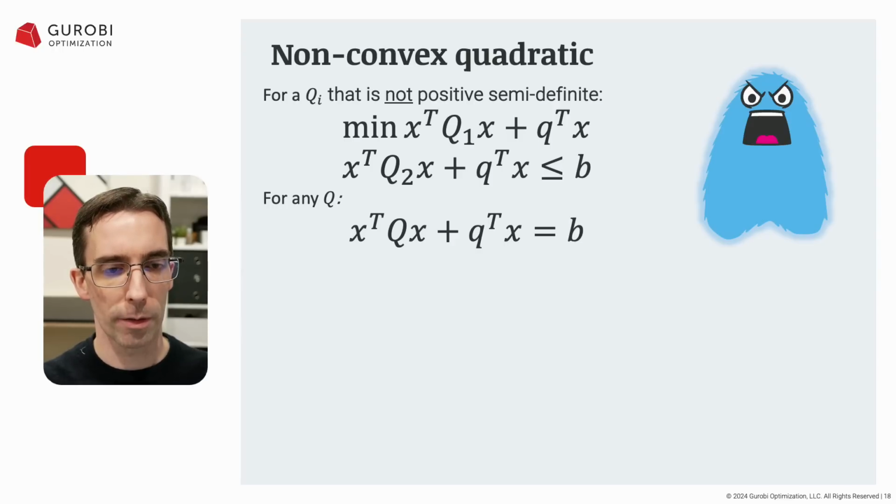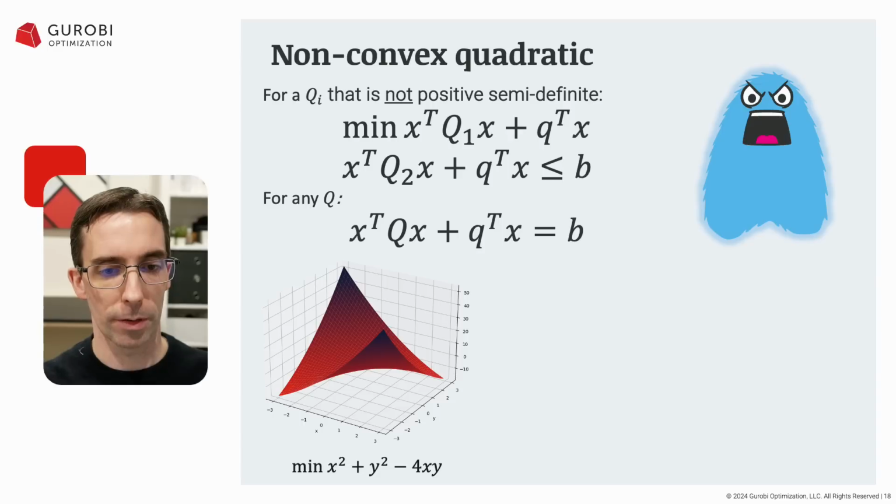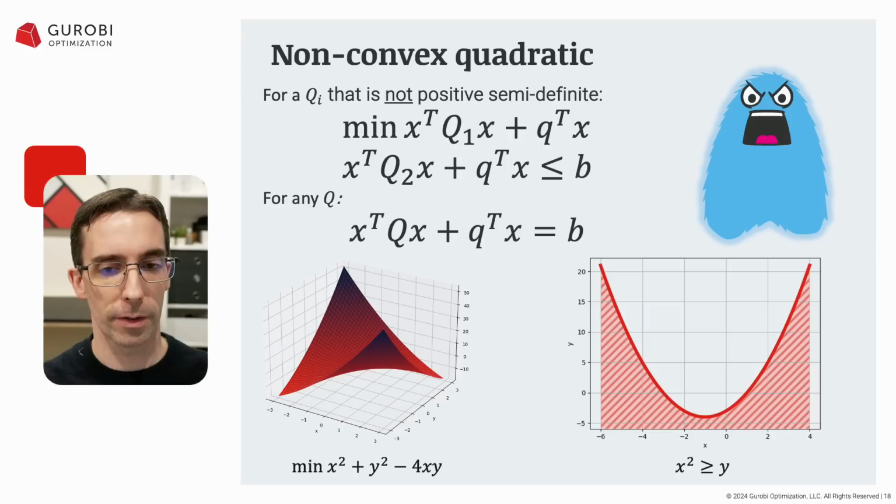The next category of models we'll consider is considerably more difficult. And this is the first type of model we've looked at where we have non-convexity. So these would be models where we may have an objective function where the matrix Q is not positive semi-definite, as we have pictured below, or we might have quadratic constraints, again, where the matrix defining them is not positive semi-definite.